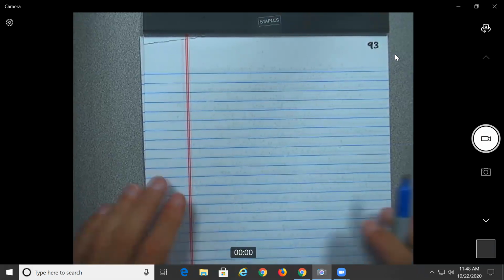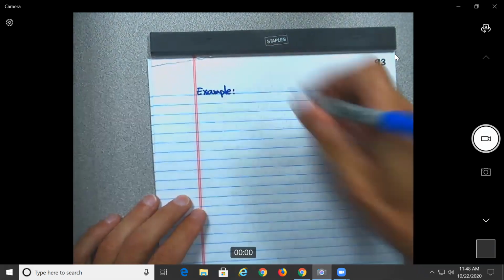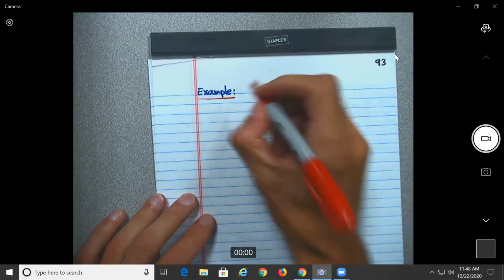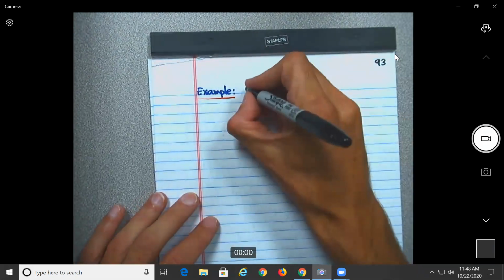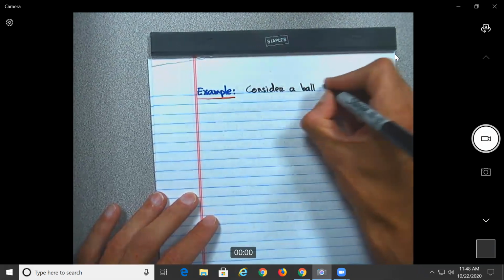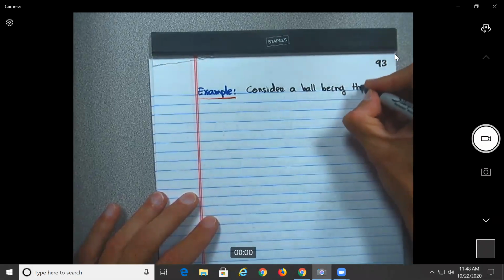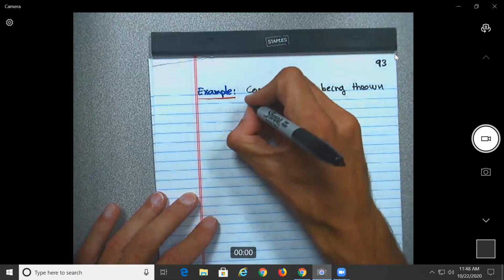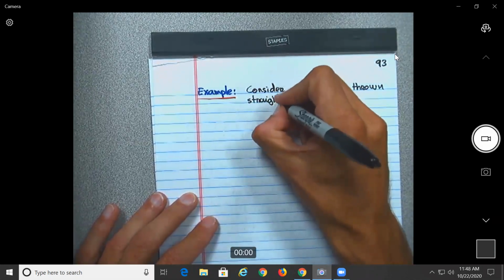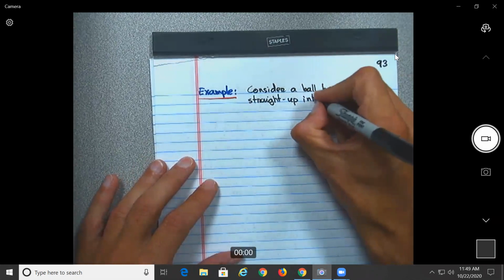All right, so let's do a basic example, because if we do a complicated one, it's just too long. Example: consider a ball being thrown straight up into the air. I don't think that's important.